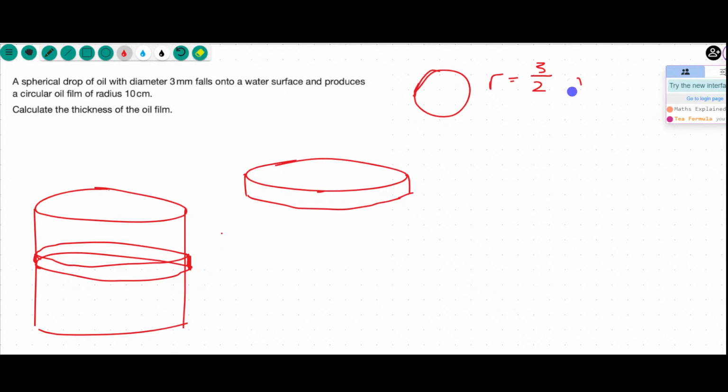Look at me and my double checking. Always double checking. This is an interesting thought actually. If we convert this to centimeters, so 3 millimeters would be 0.3, so we're going to say 3/10 of a centimeter.